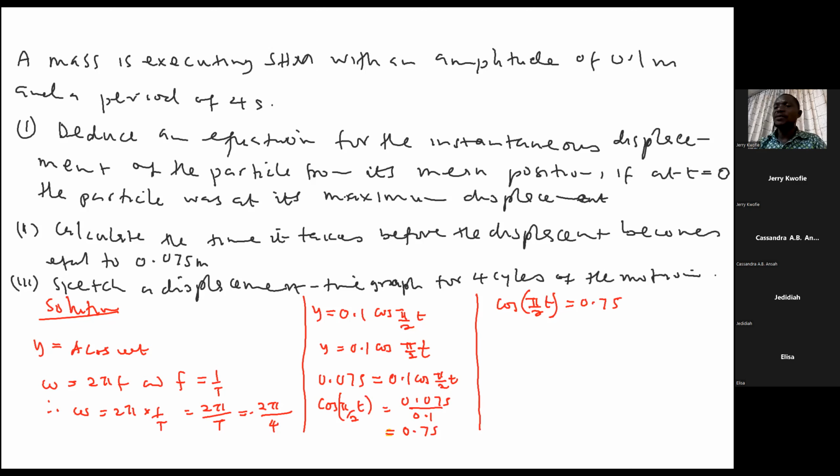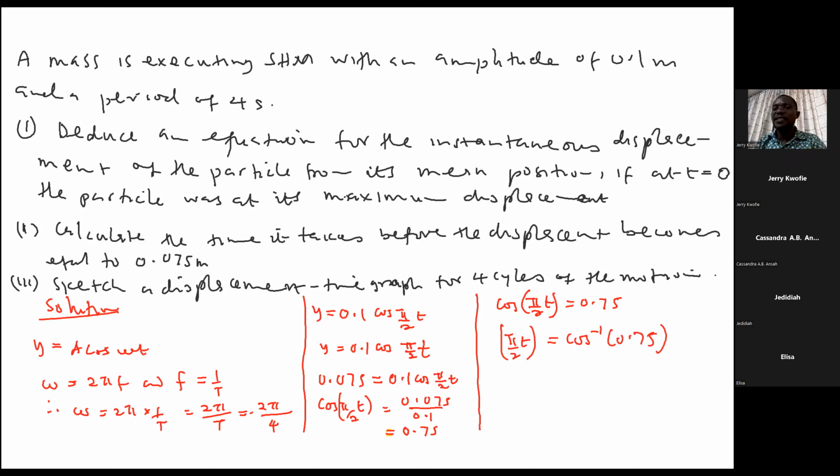Now, how do we get the t? We have spent quite a lot of time going through this. To get the t, we will first write that pi over 2 times t should be equal to cos inverse of 0.75. Use your calculator to find the cos inverse of 0.75.